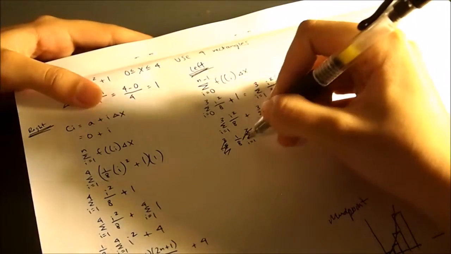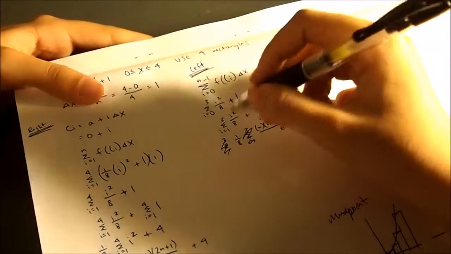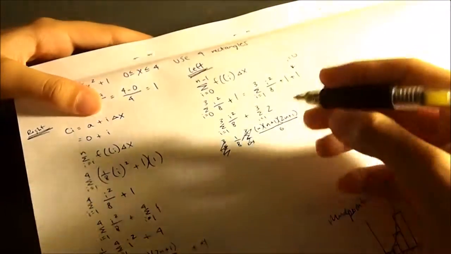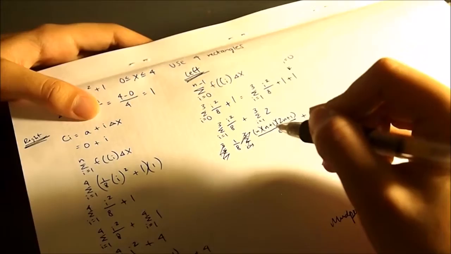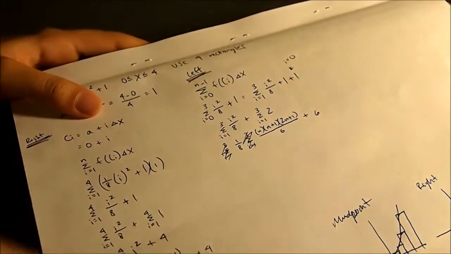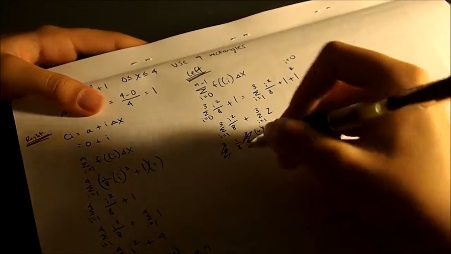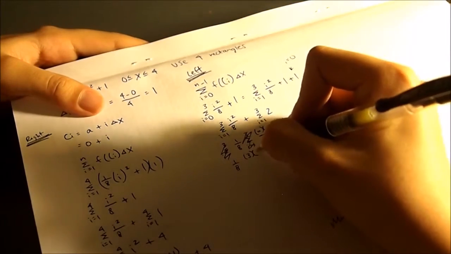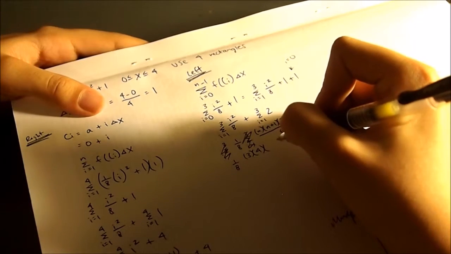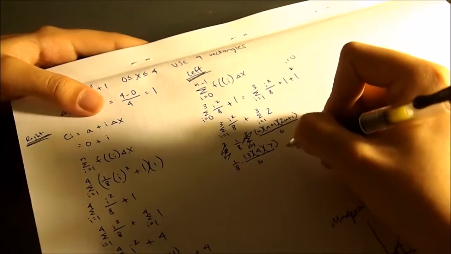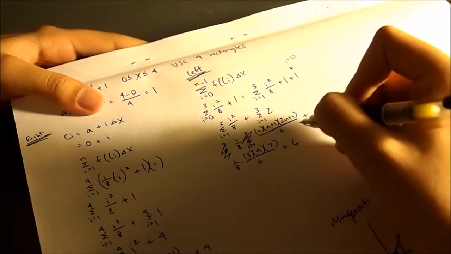Oh, and you don't need the summation notation anymore, because this is equal to this whole thing. n in this instance is 3. So 1/8 of 3, 3 plus 1, 4, 2 times 3 plus 1, 7 over 6, plus 6.